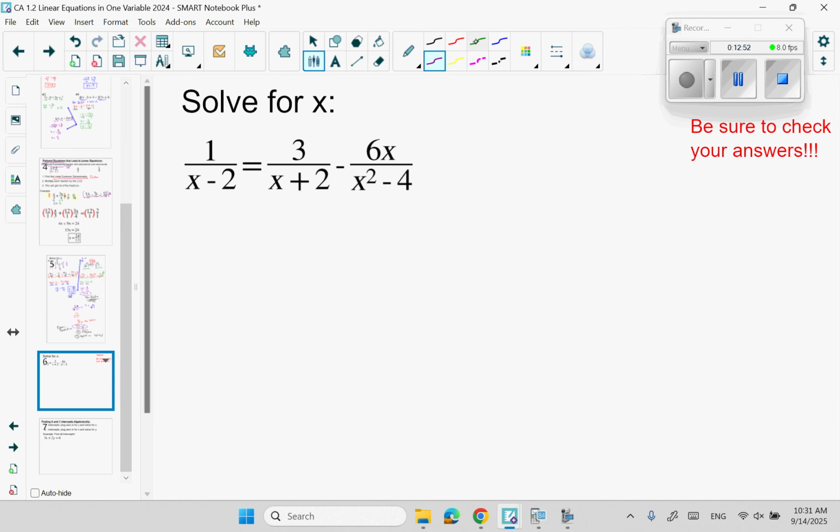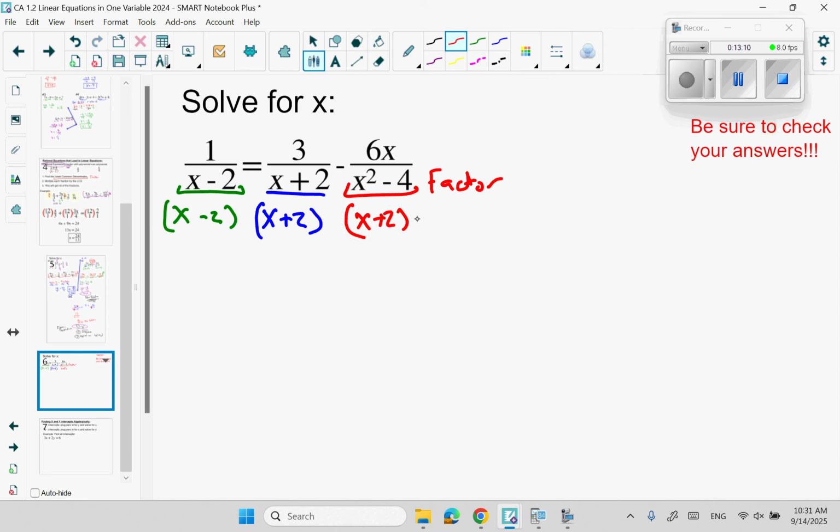Next one. Factor everything. So we get x minus 2 is one thing, x plus 2 is one thing, and I would factor the denominator here. This turns into x plus 2 and x minus 2. So, looking around at the problems and the complexion of it, in green, I don't have an x plus 2, which I do in blue and red.